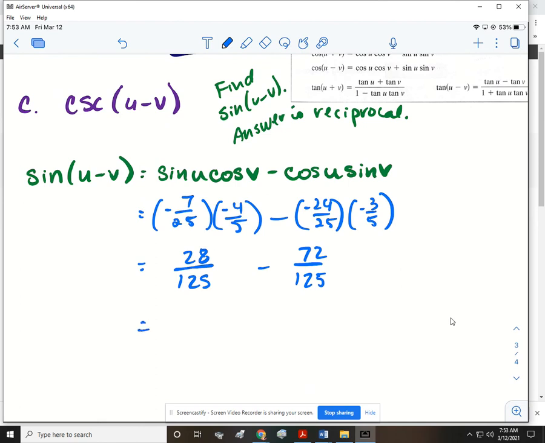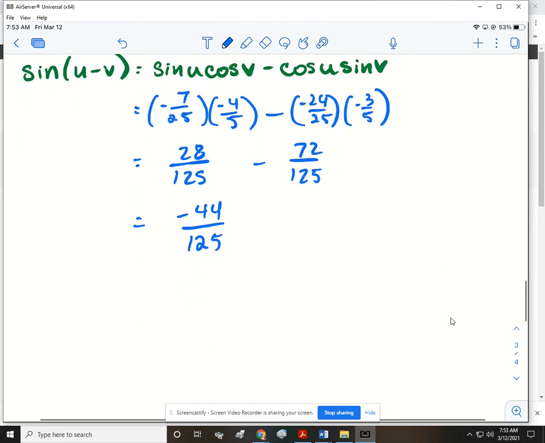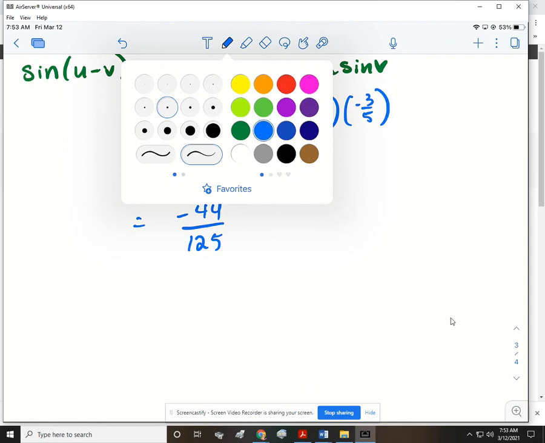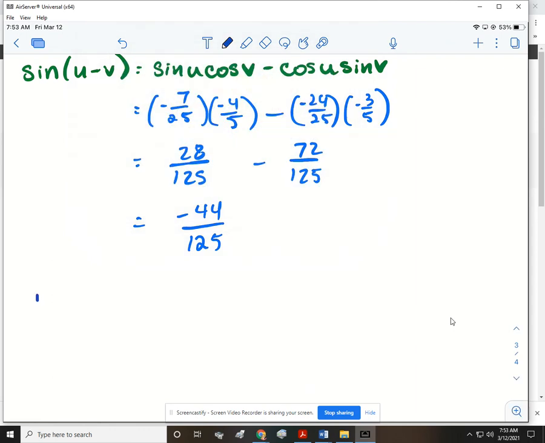And then when I subtract, I get negative 44 over 125. And that is what the sine of u minus v is. I want the cosecant, so it's going to be negative 125 over 44.